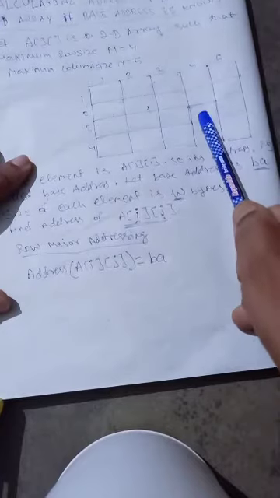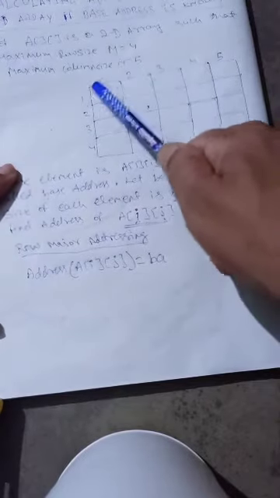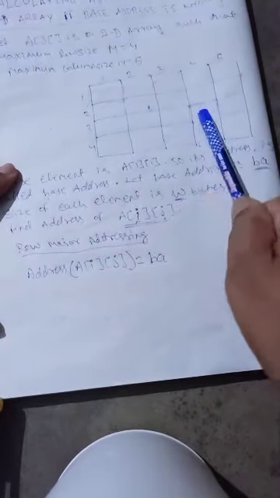Now let me explain the trick. Definitely, first we need the base address. This one is the base address. Now suppose we want to calculate the address of this particular cell, in the third row. What is the row number? 3.